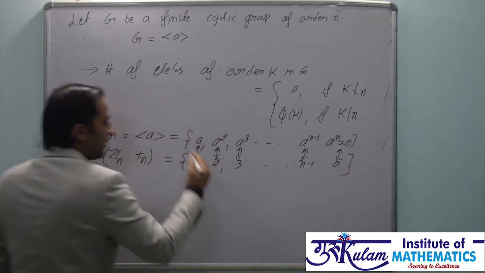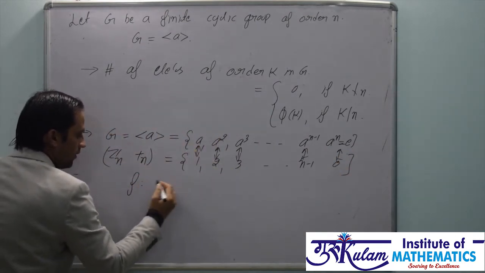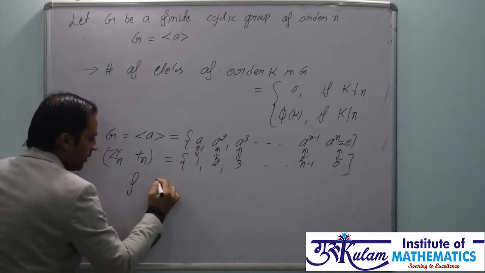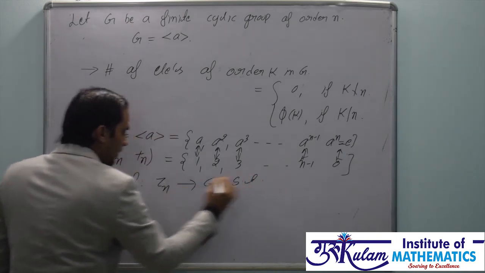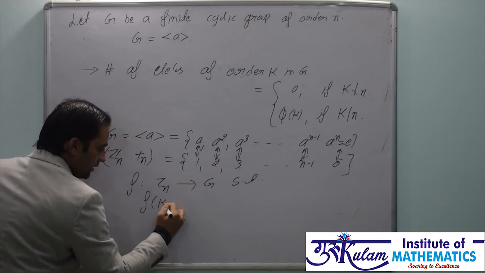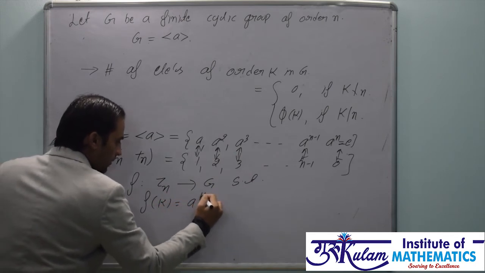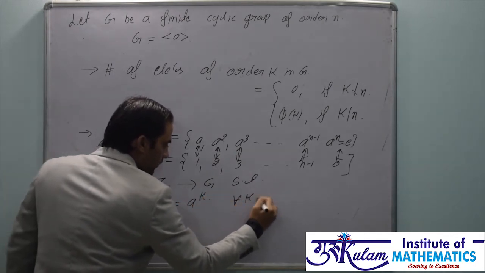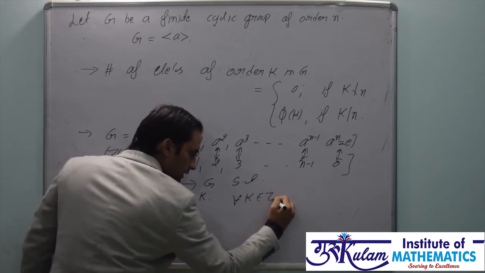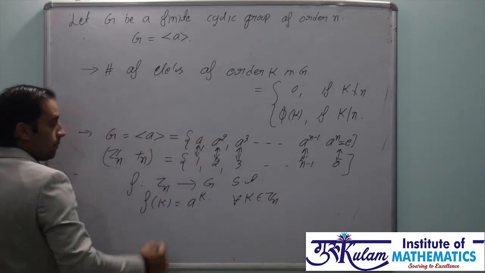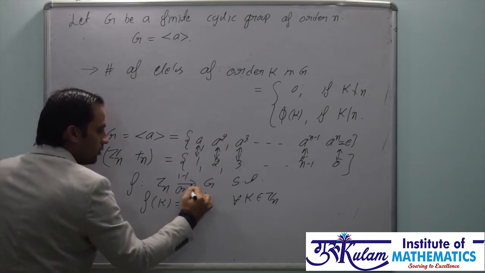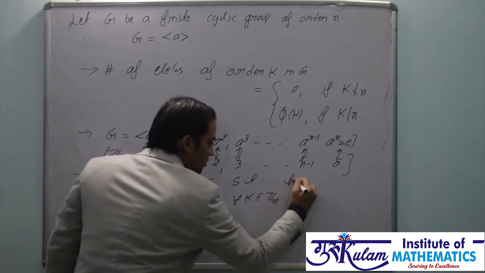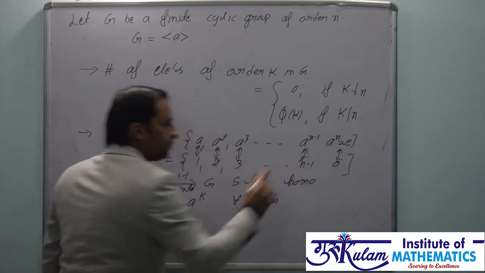So we define a map f from Zn to G such that f of k is equal to a to the power k for all k belonging to Zn.